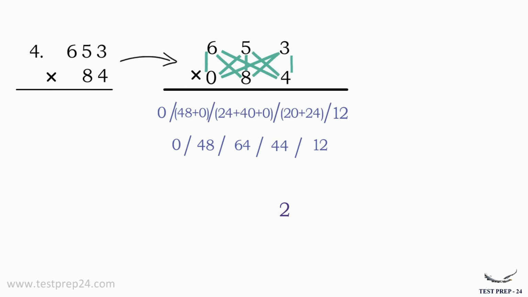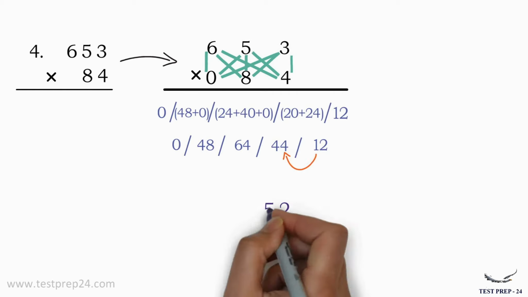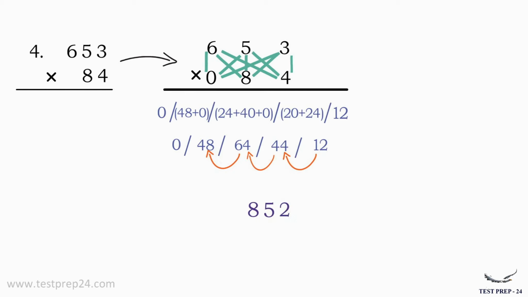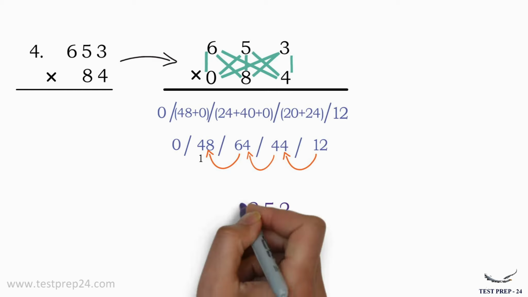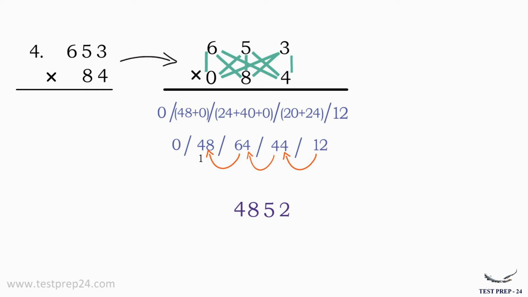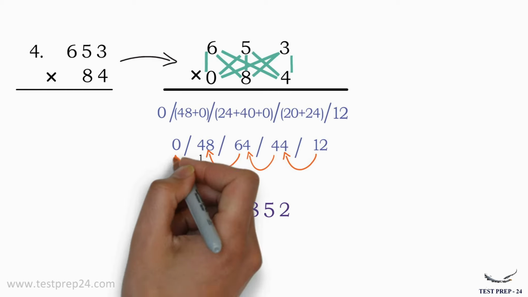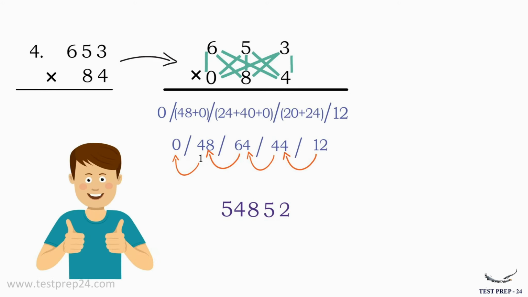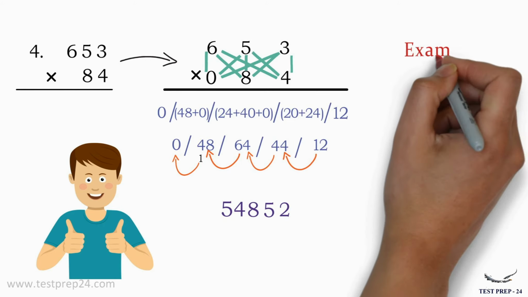So here 2 will be the last digit, 1 will be carried to the previous number, so this will make 5, and 4 will be carried to the next number, so 4 plus 4 is 8, 6 will be carried to the next number, so 6 and 8 makes 14, so you will write 4 here and 1 will be there. So 4 plus 1 is 5, and this 5 will be carried to the previous number, so 5 plus 0 makes 5. So your answer will be 54852.